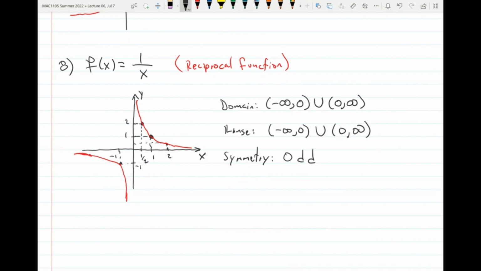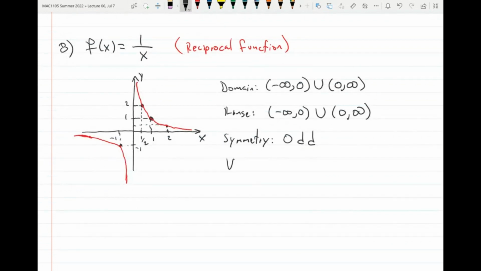And then I guess this one is special enough because it is not just a picture that you see. It comes together with two special lines, the horizontal and the vertical asymptote. Okay, we'll talk about those in general once we get to rational functions, but let me write them here. So there is a vertical asymptote. And there is a horizontal asymptote. What's the vertical asymptote?